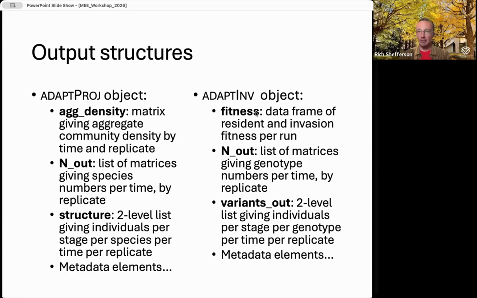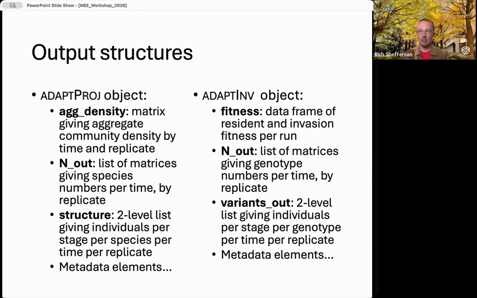For adaptive dynamics, running invade3, there are 3 core elements, so they're sort of parallel with the community ones. Fitness is a data frame that shows you the resident and invasion fitness per run. N out is very similar to N out over here. It's a list of matrices giving genotype numbers per time by replicate.